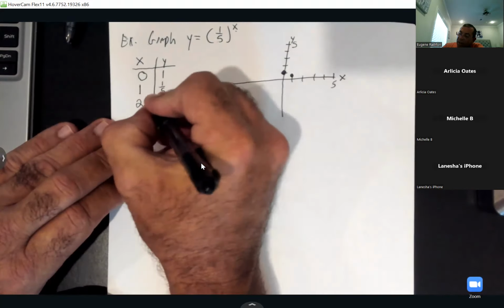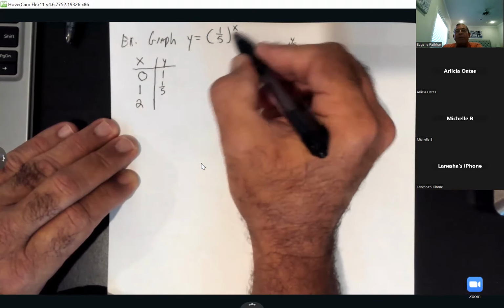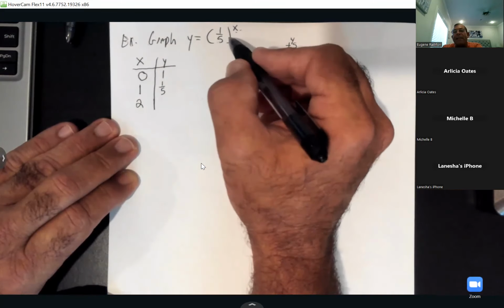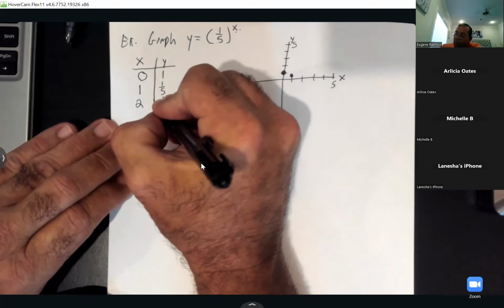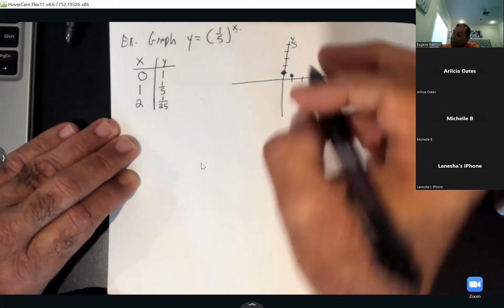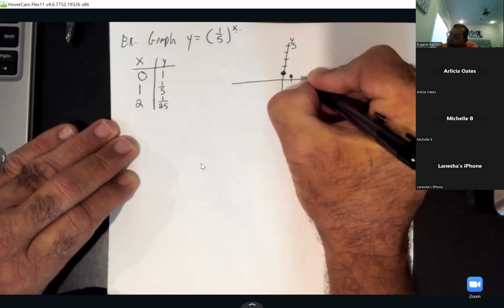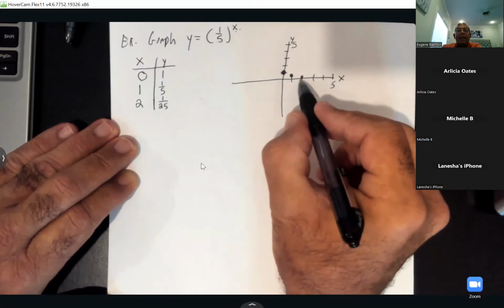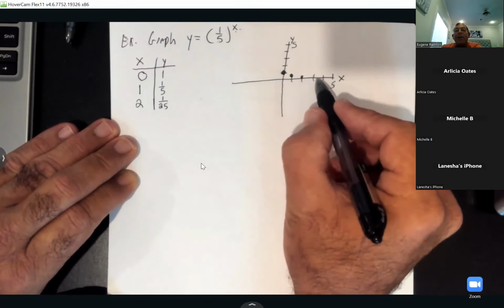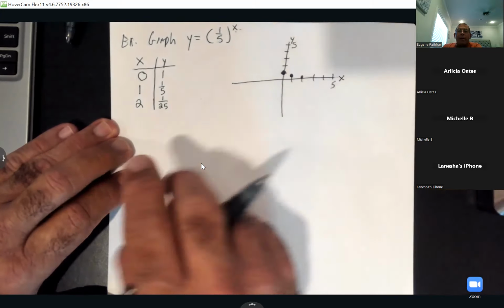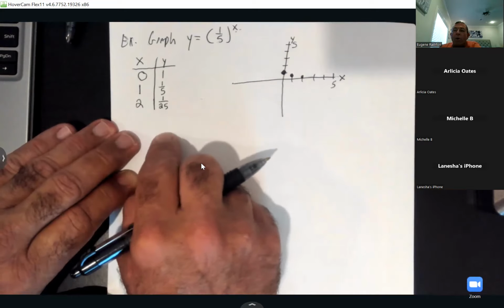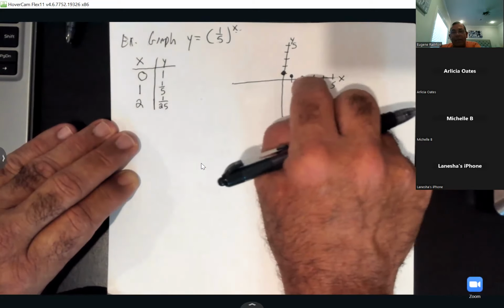If you put a 2 in there, 1/5 squared would be 1/5 times 1/5, which will be 1/25. So look, it's trying to get down to that x-axis. It'll never reach it, but it keeps trying to get closer and closer. Next, I would have 1/125, which is even closer.